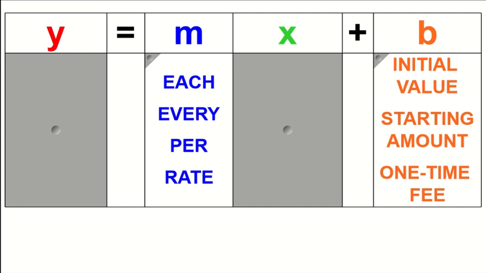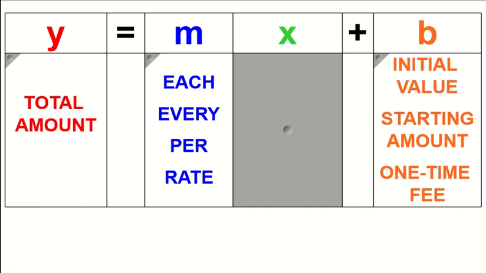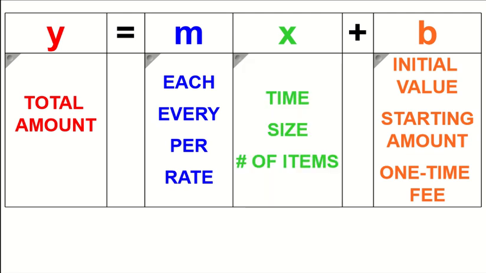Our y-values are almost always going to be a total amount. Are there a couple other things that can mean y? Yeah, but usually y is going to be the total amount. X then is usually like time.